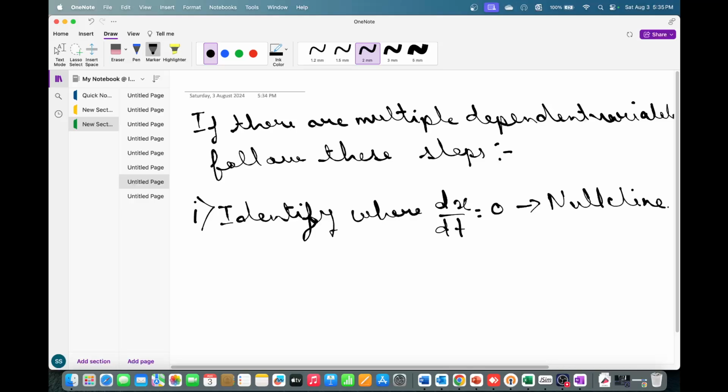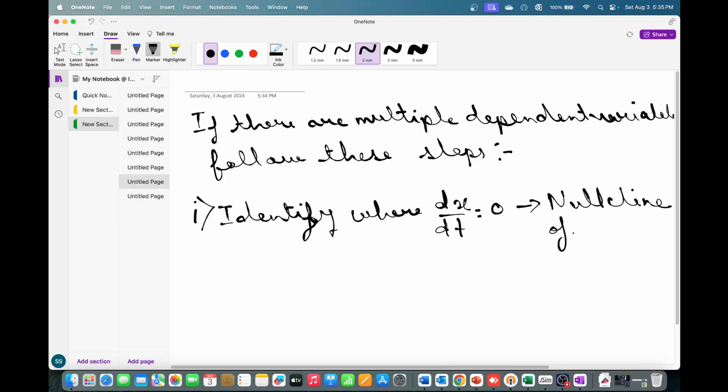Just remember these terms: null lines, phases, direction fields, slope fields. You may understand what these are, but in exams the questions will come using these words, so it's better to get accustomed to these words from now on. Okay, so this is nothing but dx dt equal to 0. We have a glorified name for it, which is the null line.